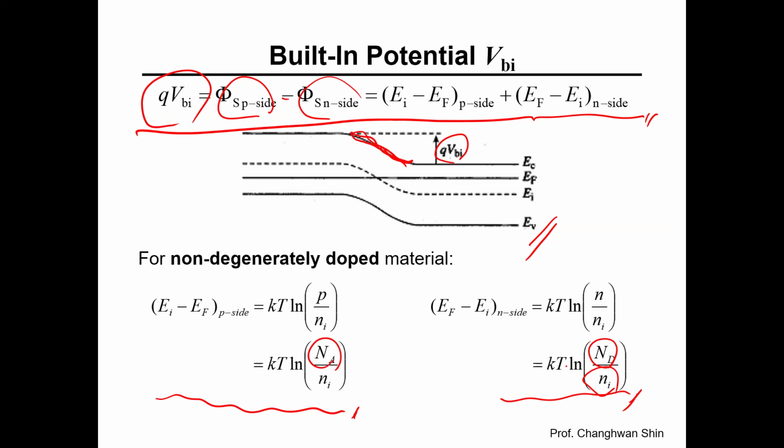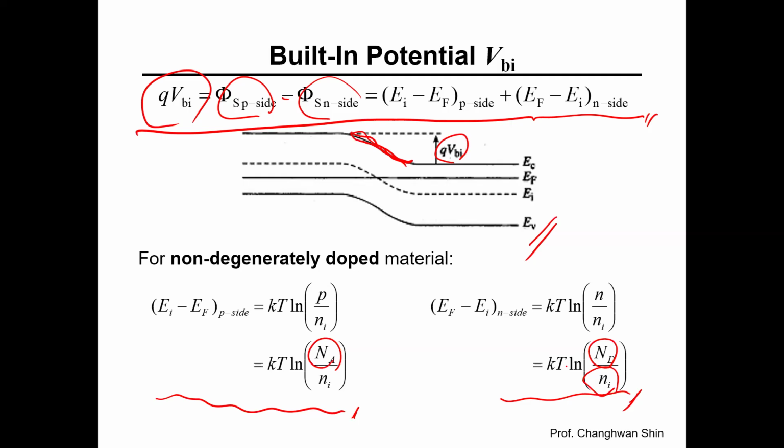This is analogous to the potential difference that develops when two water tanks with different water levels are connected by a pipe. The built-in potential is like a pressure difference that would drive water flow if not for a valve, which in our case is the energy barrier of the junction.